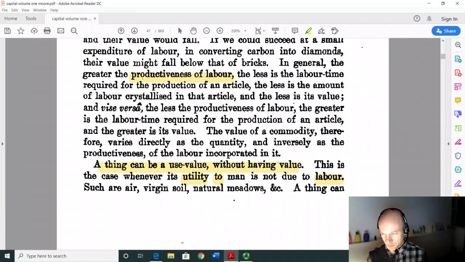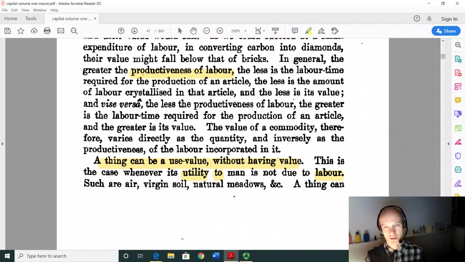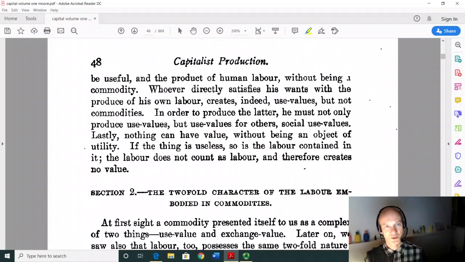And probably most people would agree that air and soil and water are the things that really constitute wealth, but they do not constitute value in the sense of the capitalist, or the way wealth is quantified within capitalist society. That is the distinction towards which this entire argument runs.